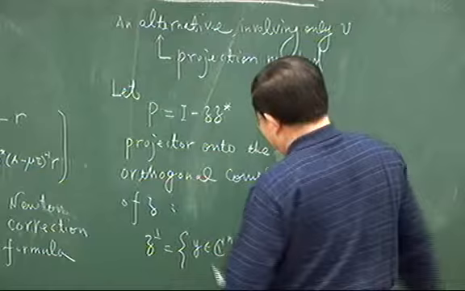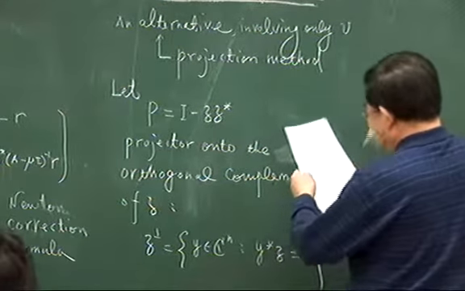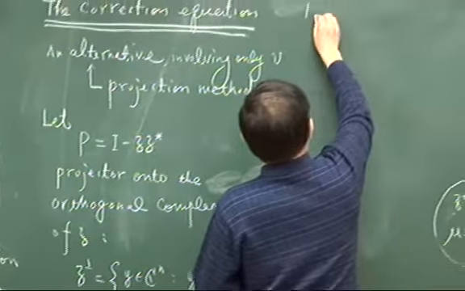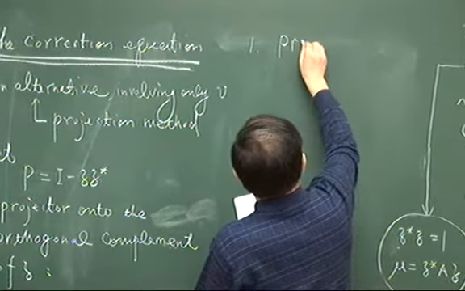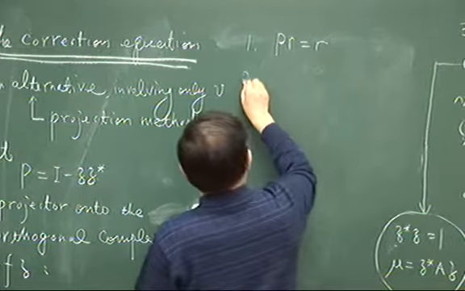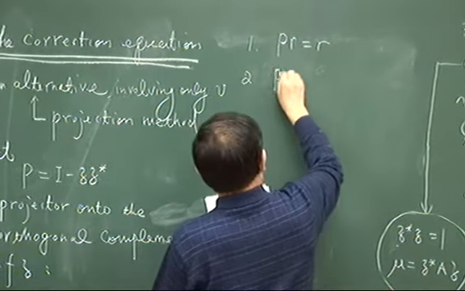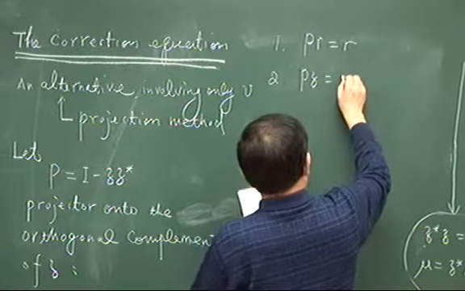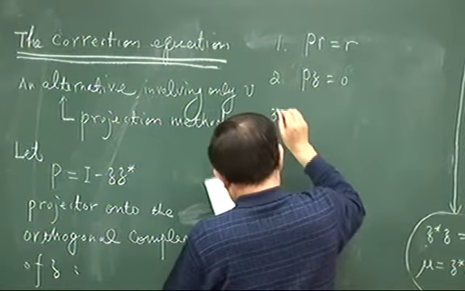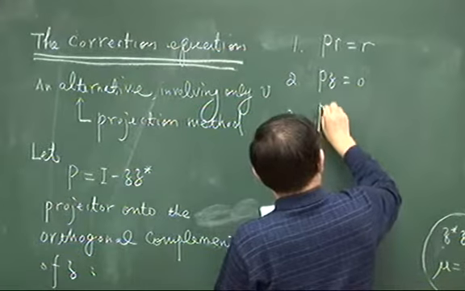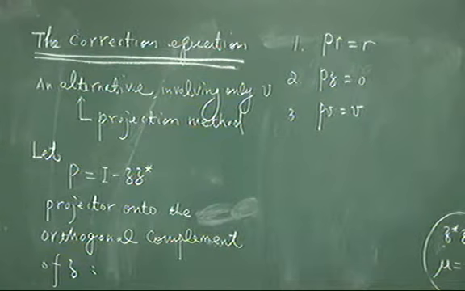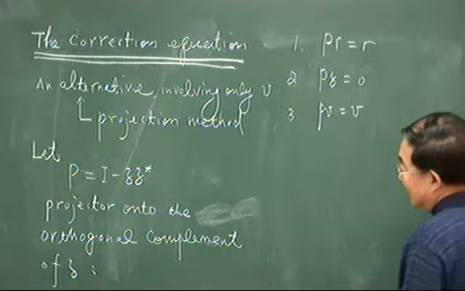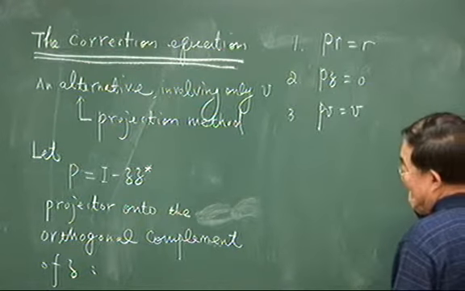For this projector, we have the following properties. First, PR is just equal to R. Second, Pz is just equal to 0. Third, Pv is equal to v. These are three simple properties that are easy to verify.